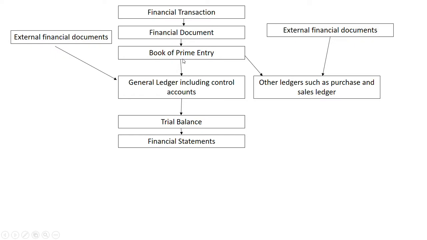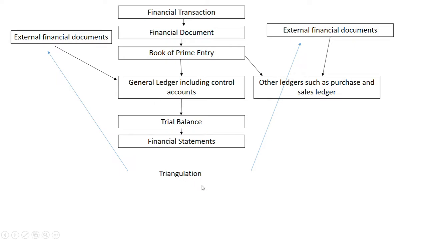Well, it might be that the double entry bookkeeping is coming into here, and often just one side of it is going into here. It's allowing us to do this comparison of certain external financial documents that don't go into the books of primary entry, but are more checking documents. Ones which we can check against the individual accounts for particular suppliers or customers, and ones that we can compare against the whole control account, like the bank statement.